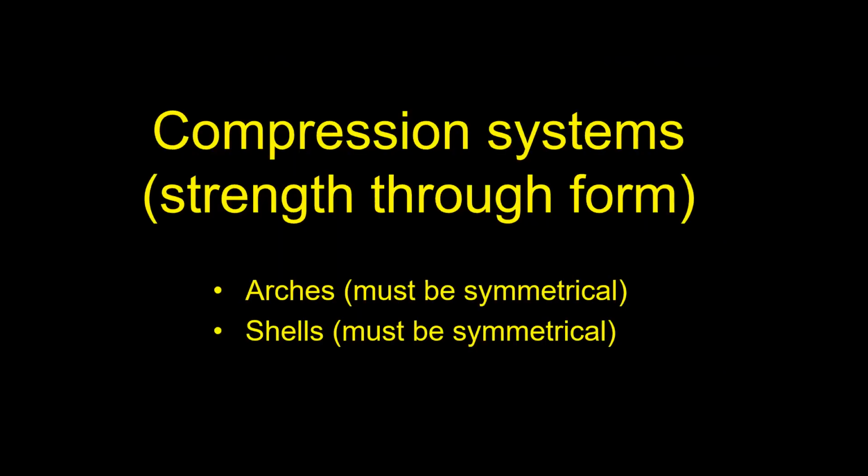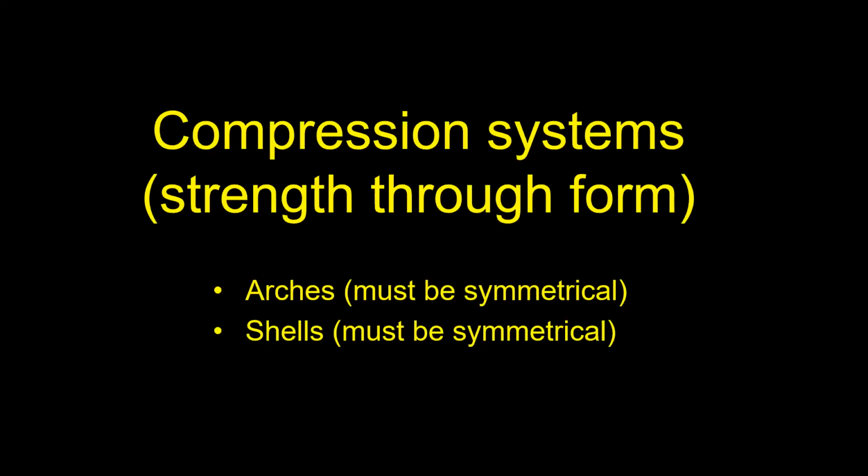Then another type of system. So far, I've been talking about systems that rely on bending and shear to transfer loads. Well, now I'm going to talk about two systems that transfer their forces through compression. And so they get their strength through their form.